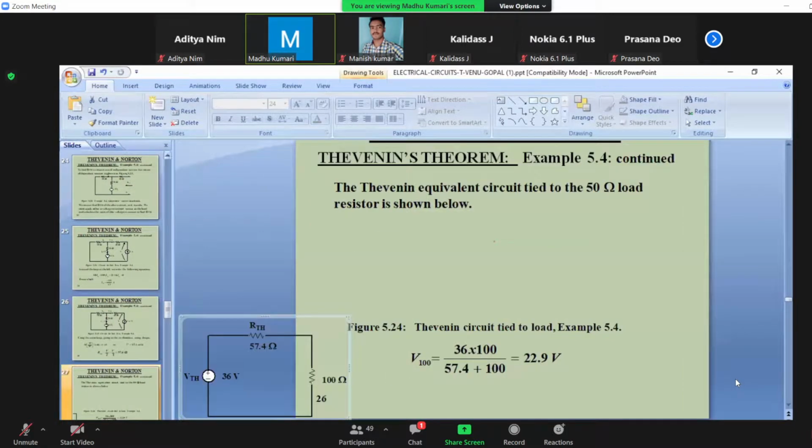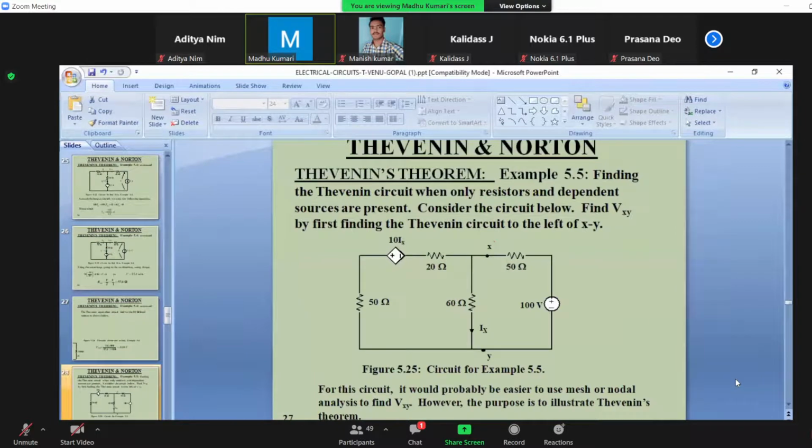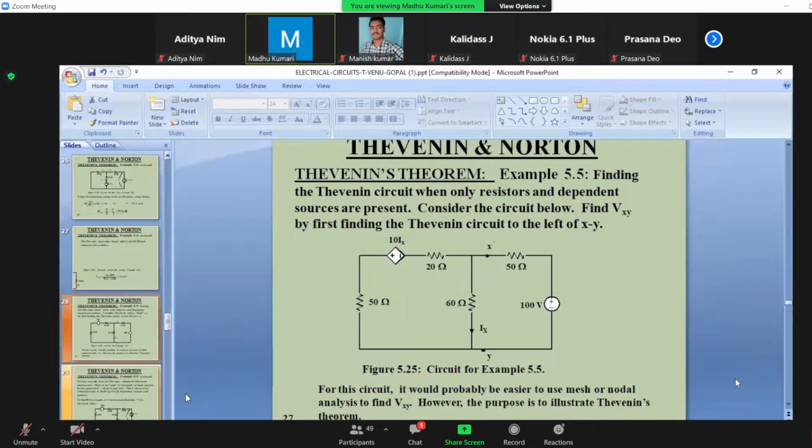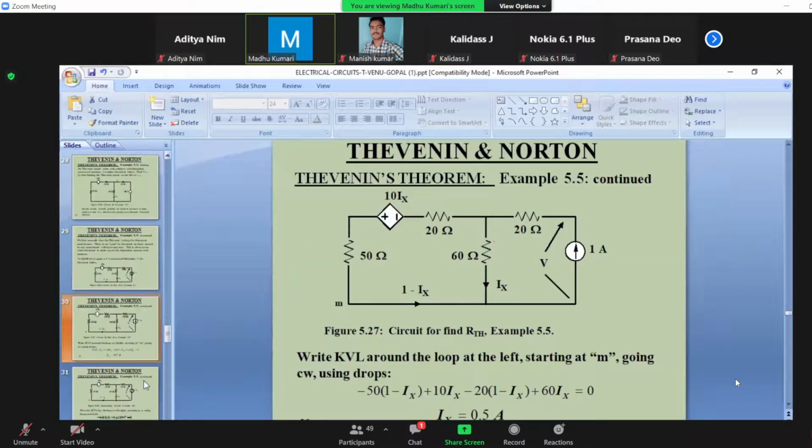Now come to Norton's theorem. What is Norton's theorem? Same for the bilateral network.